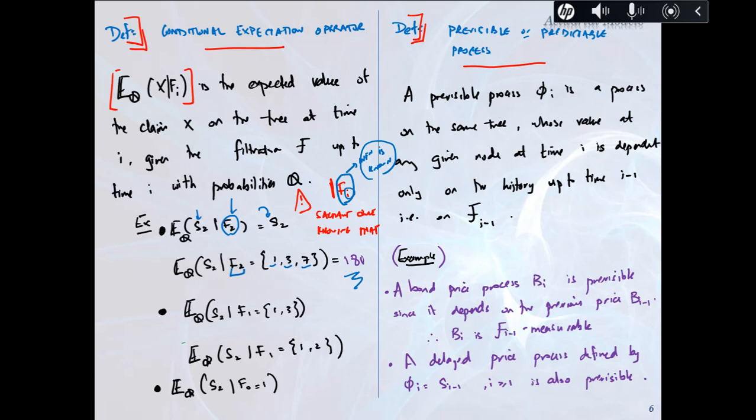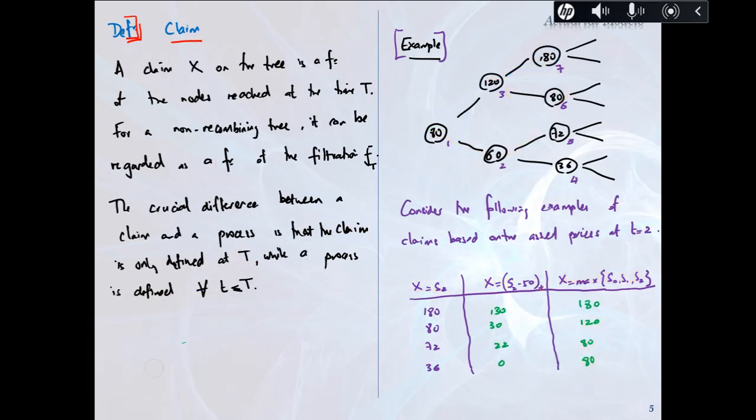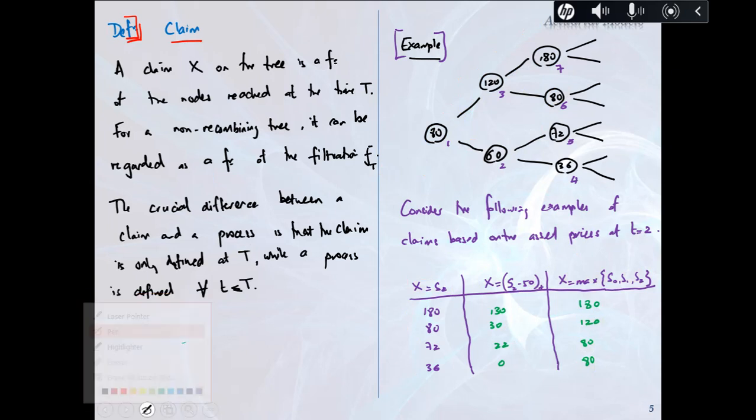Now, expectation of S2 given F1 is equal to 1, 3. So I will remove all the annotation here. It says expectation of S2 given that we have taken this path, 1, 3.